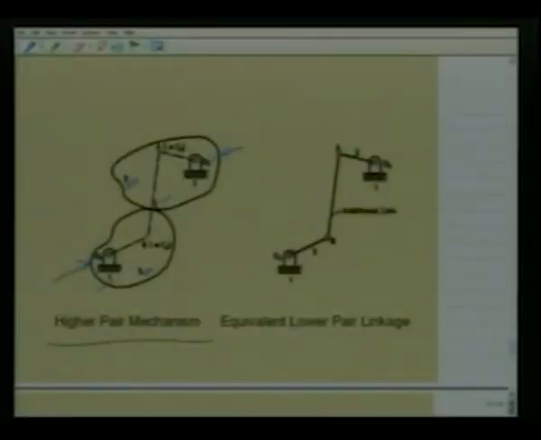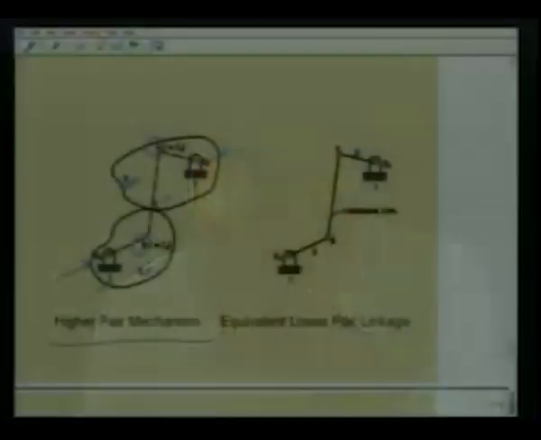Towards this end, let us consider that the center of curvature of body 3 at the point C is at B. Similarly, the center of curvature of body 2 at this contact point C is at A. Due to the property of center of curvature, that is the circle of curvature or osculating circle, we can consider that for 3 infinitesimally separated time instants, these points A and B do not change.